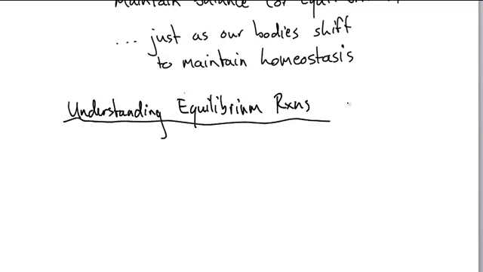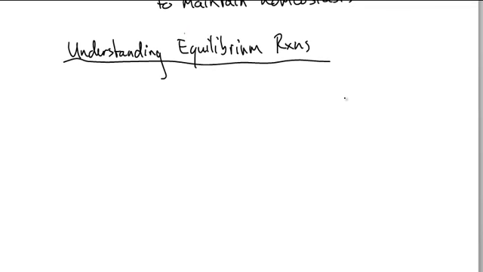I'll give you just a very simple example. So let's say you had a situation where A plus B could form a compound AB.